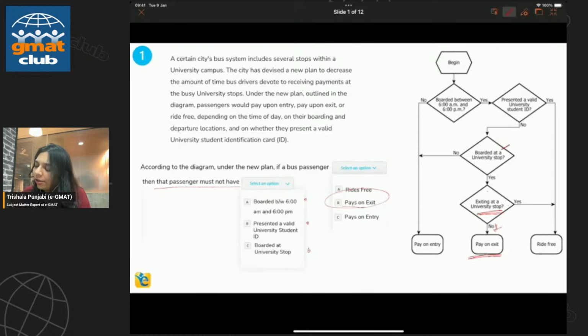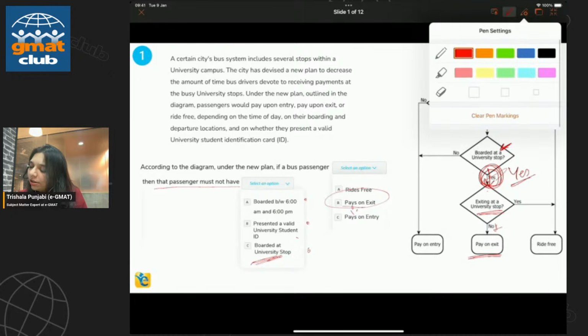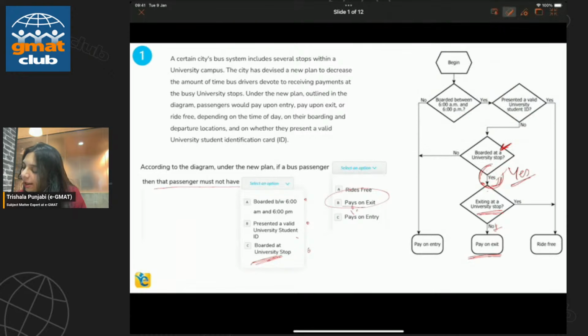It says boarded at a university stop, but it is yes. It is yes to boarded at a university stop. A lot of people did get B right, but got C as the option. But what does must not have mean?